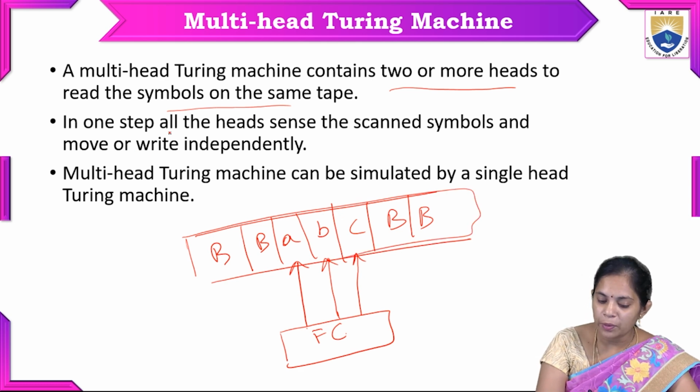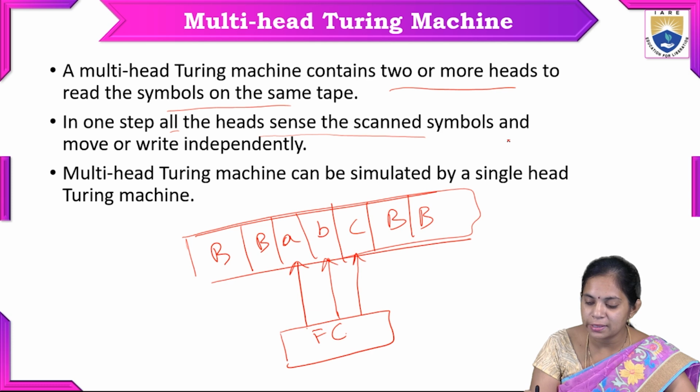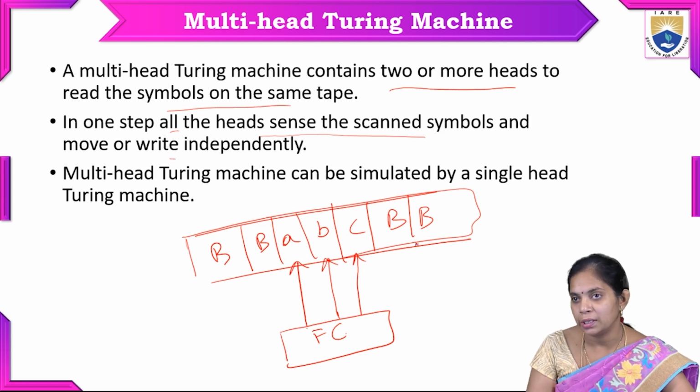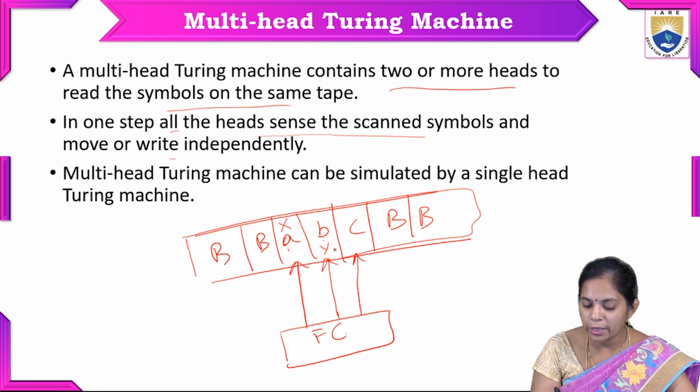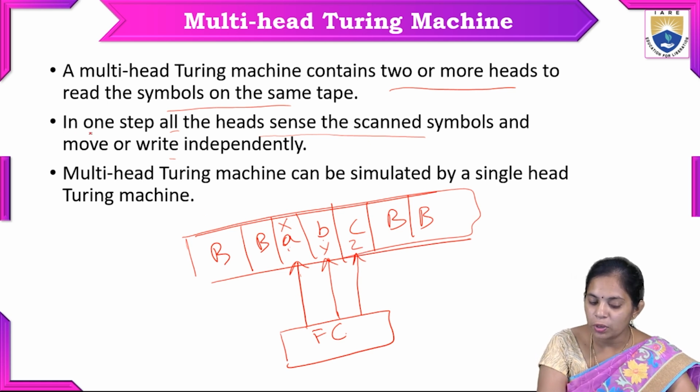In one step, all the heads sense the scanned symbols and move left or right independently based on the head functionality. So here A is replaced with X, B is replaced with Y, we read and write the Y, and instead of C we write the Z. So all at a time in one step.